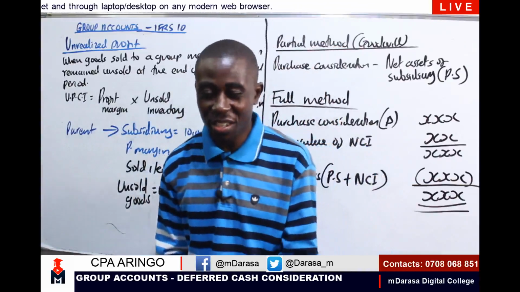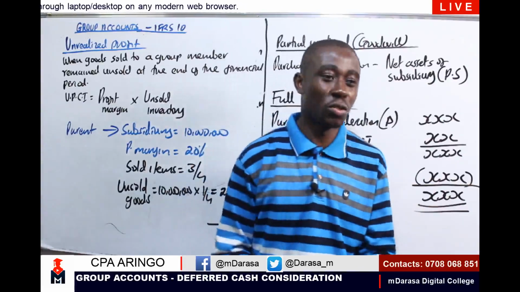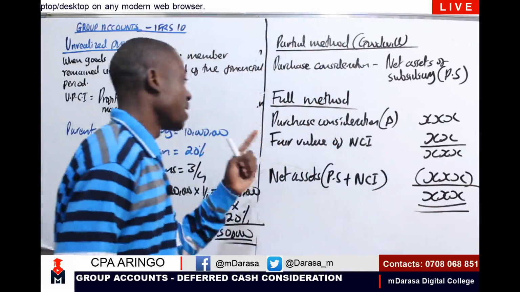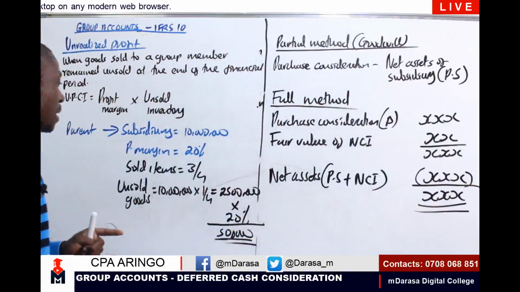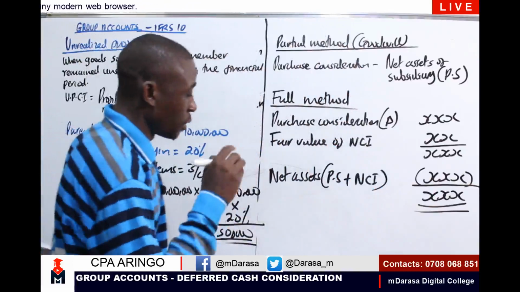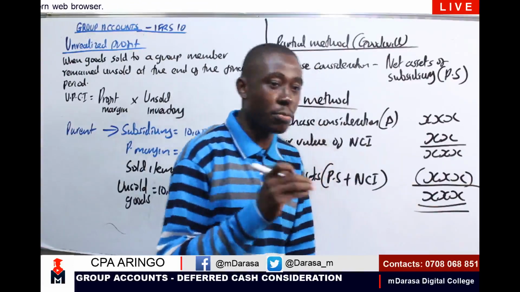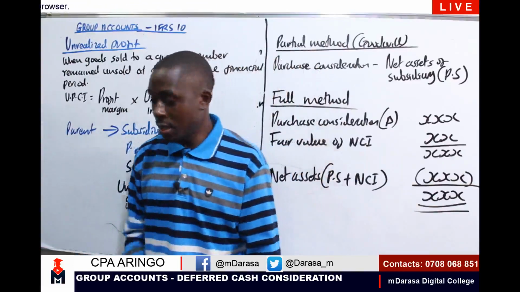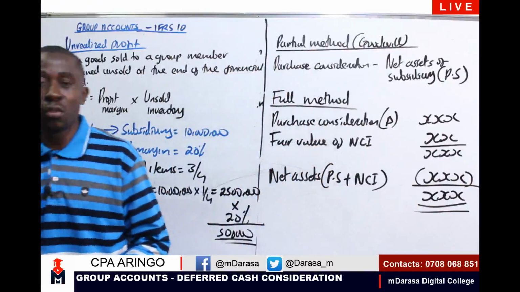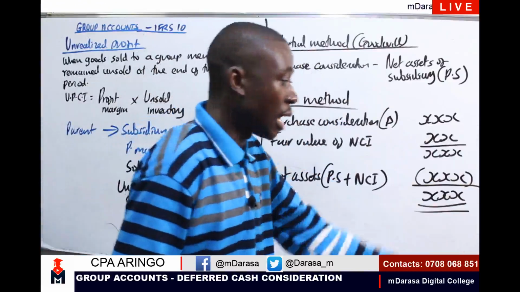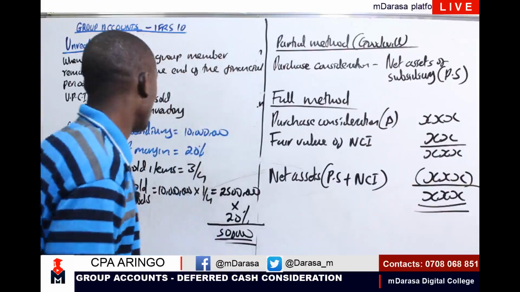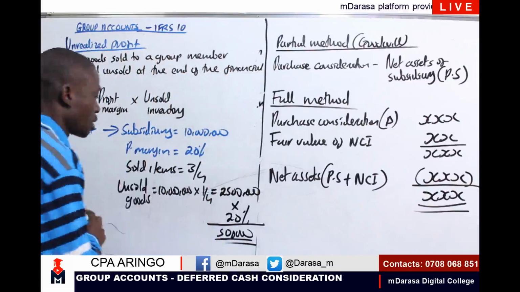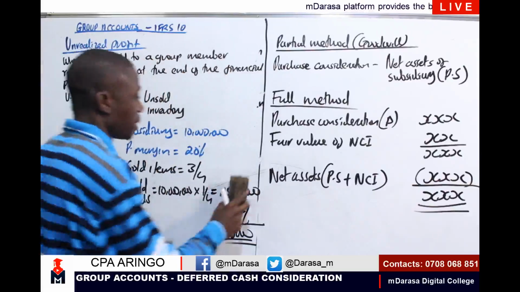I know you are wondering what these downstream and upstream transactions are. This is what I want you to have in mind: in the event that we are dealing with an unrealized profit, you must always consider if you are talking of an upstream transaction or a downstream transaction. And this is what I'm going to explain.